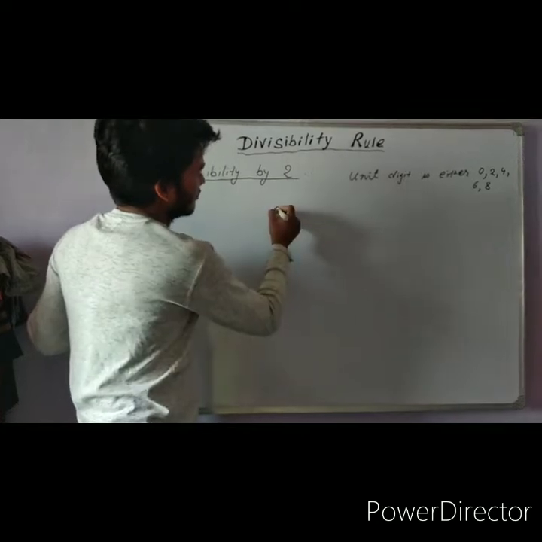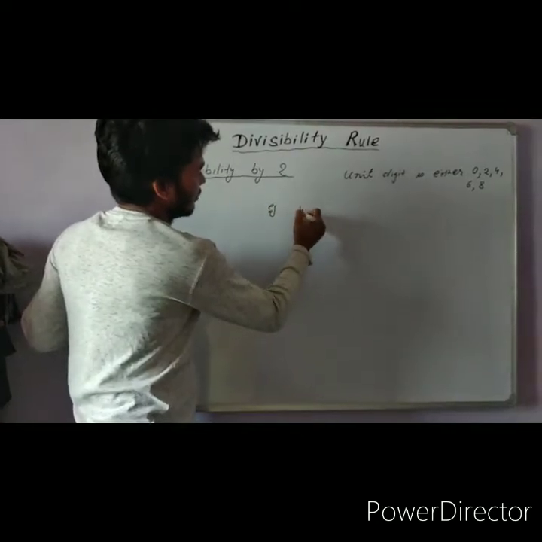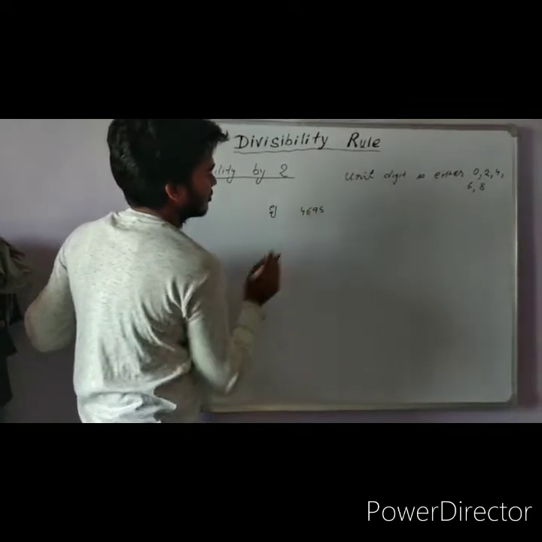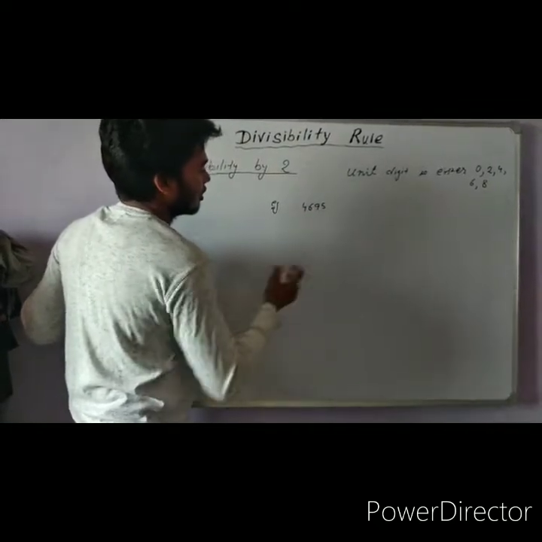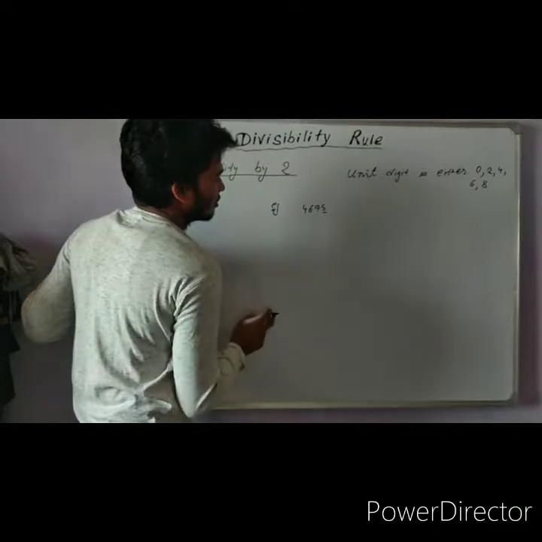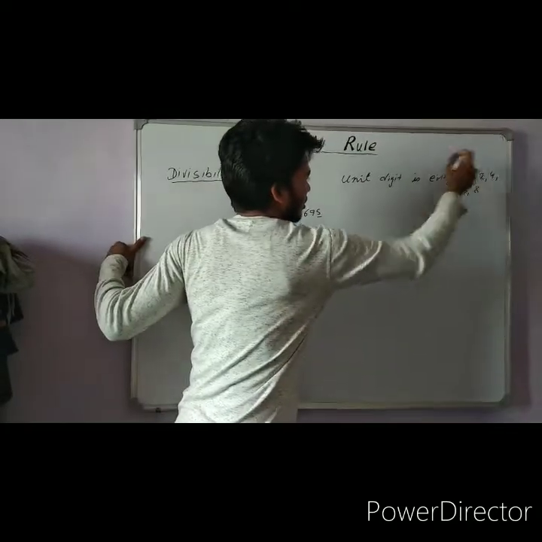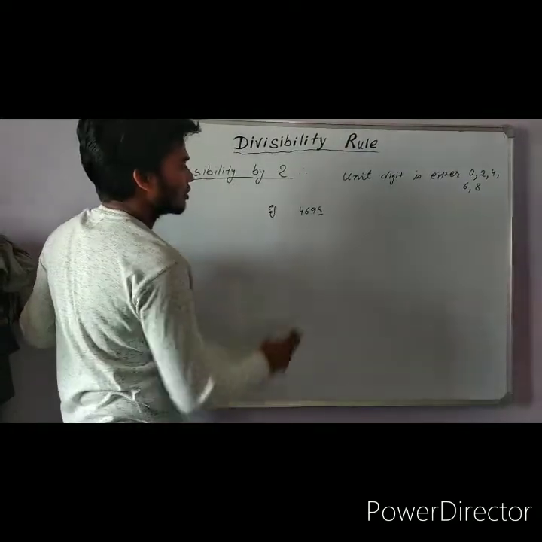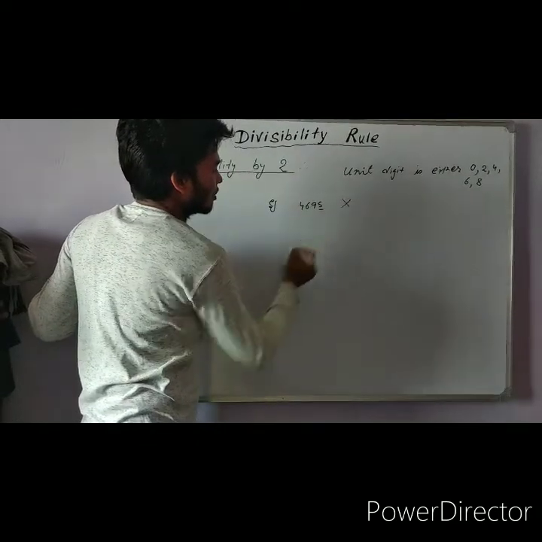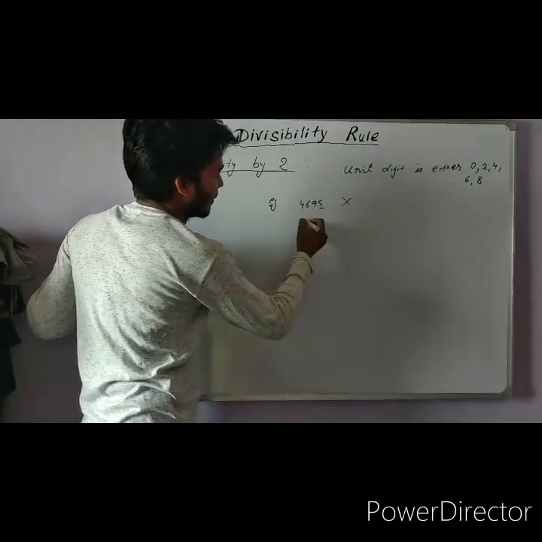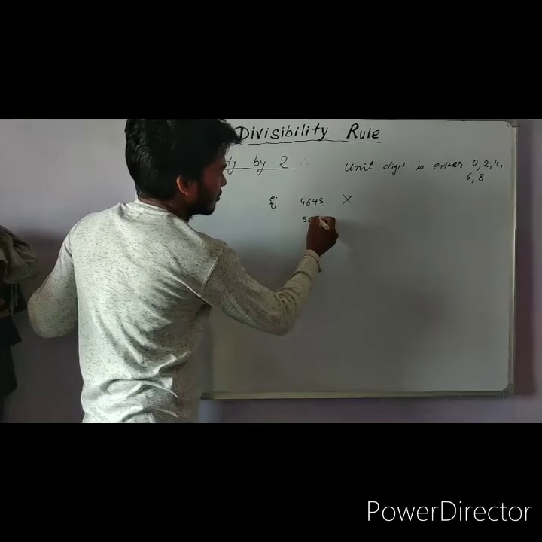For example, 4695. Here unit digit is 5. See here, 5 is not here, so it is not divisible by 2. Take another example, 5612.